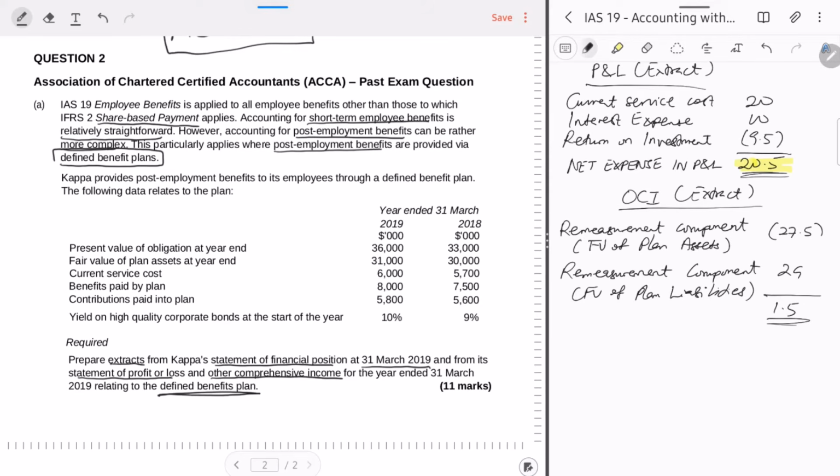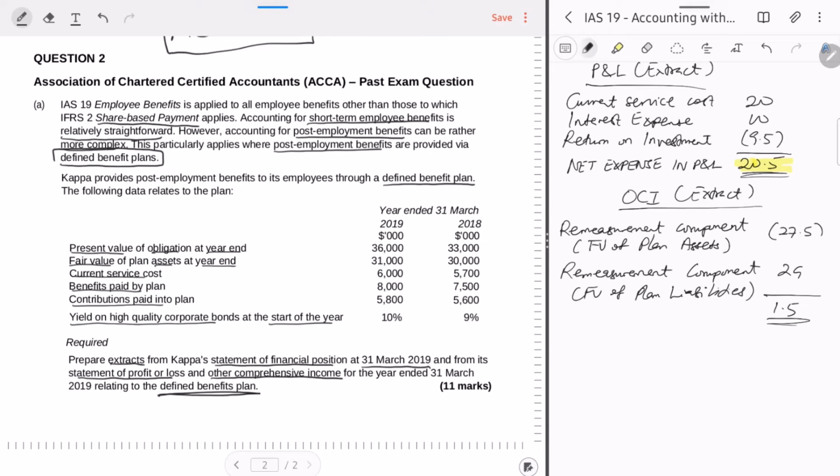your life very easy. CAPA provides post-employment benefits to its employees through a defined benefit plan. The following data relates to the plan. So here, you can see we have present value of obligation at year end, fair value of plan assets at year end, current service cost, benefits paid by plan, contributions paid into plan, yield on high quality corporate bonds at start of year.